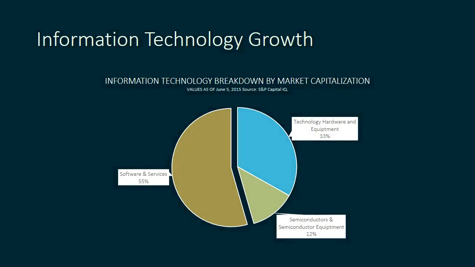Now, why does all this matter? What's the point of the network and focusing on how the network can be of advantage to us? Just according to S&P Capital IQ, a very trusted financial magazine in the IT sector, the information technology sector, the fastest growing services are in the software and services location.